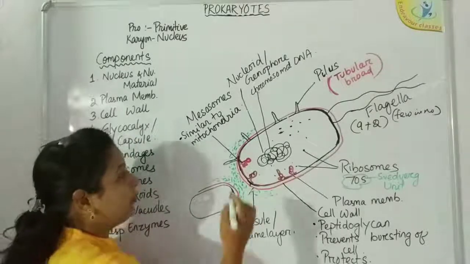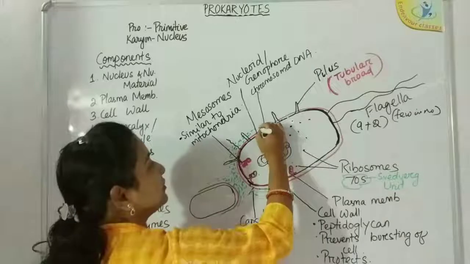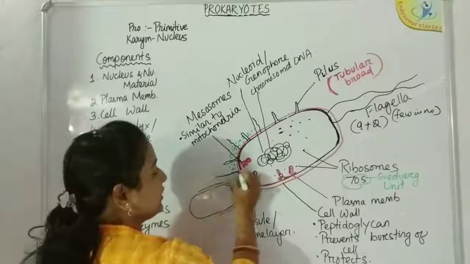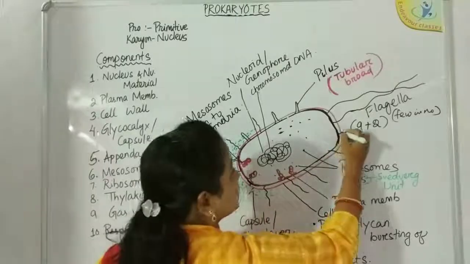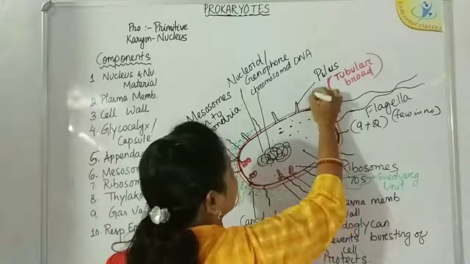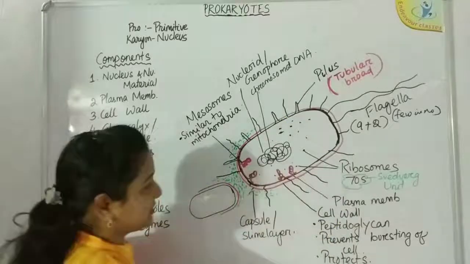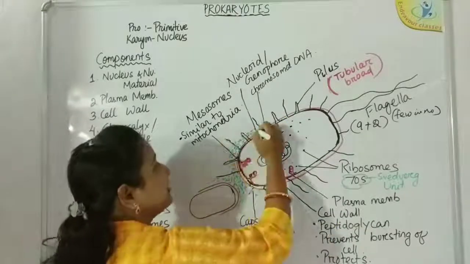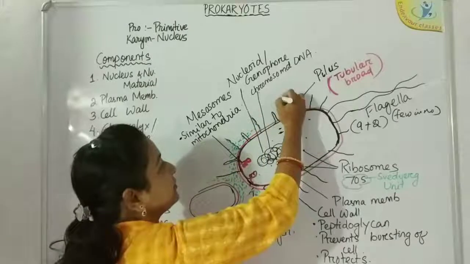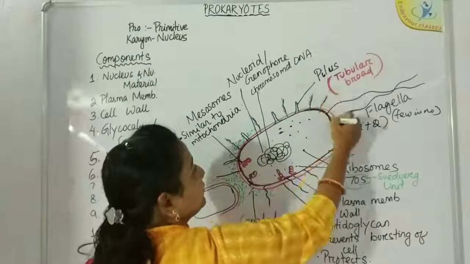One more type of appendage, which is numerous and present throughout the surface of the prokaryotic cell, is called the fimbriae.